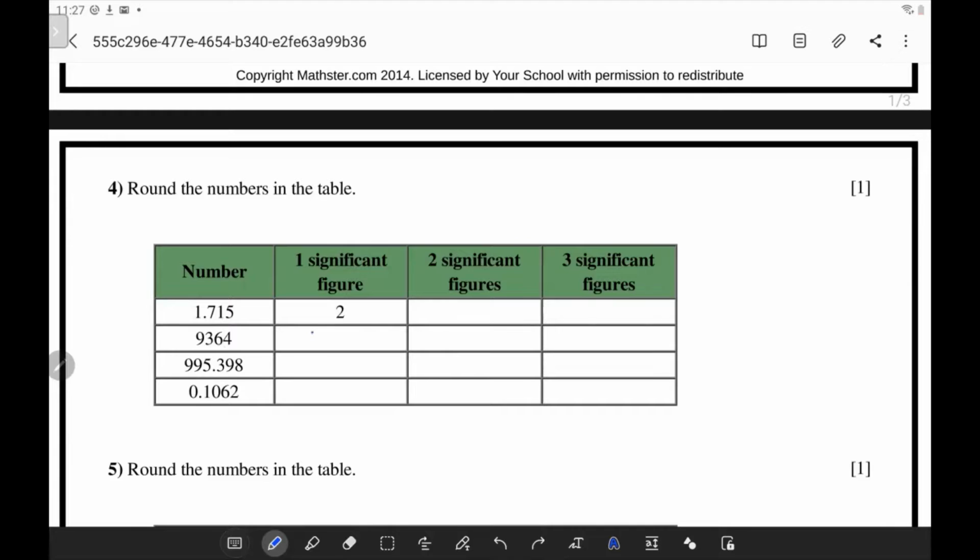Well, I would say that is 9,000. All right. What about this one? So one significant figure. 200?